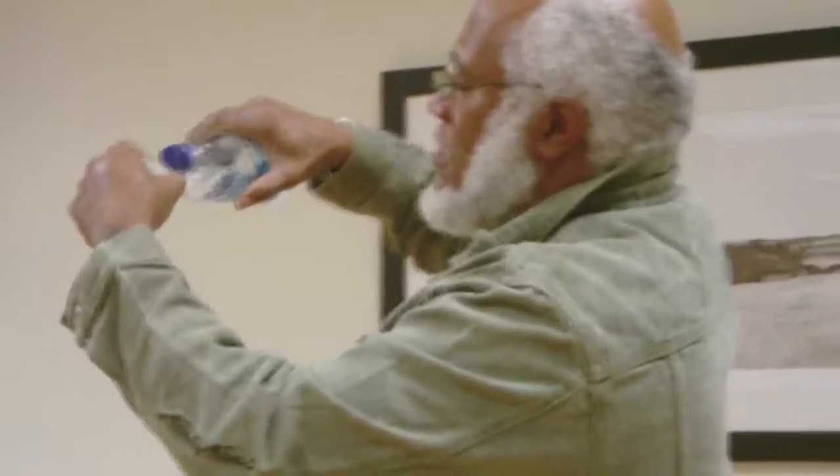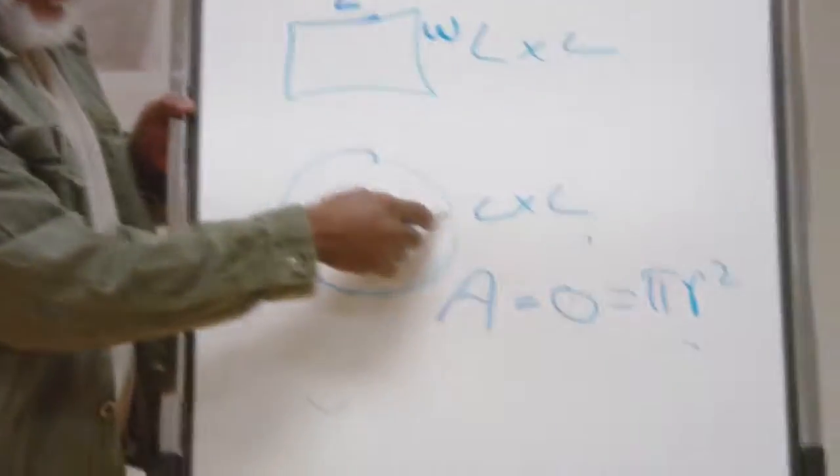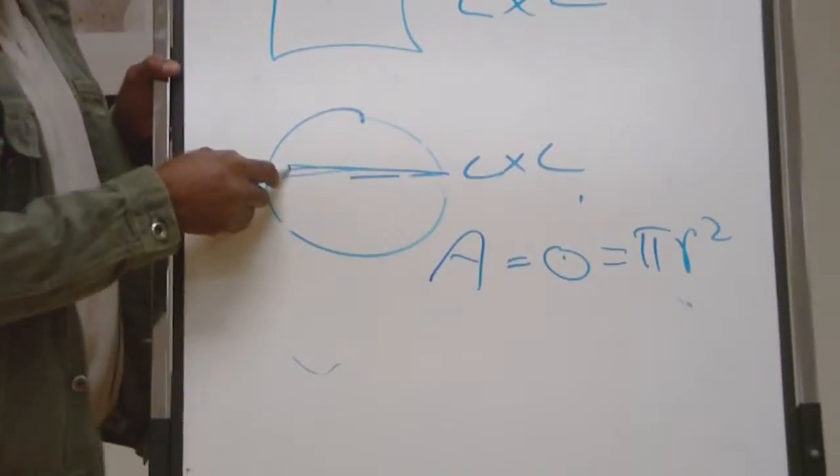This is a circle, right? What do you notice here? It's a circle. There is a relationship with all circles. And the relationship is right here. Pi actually is the diameter.